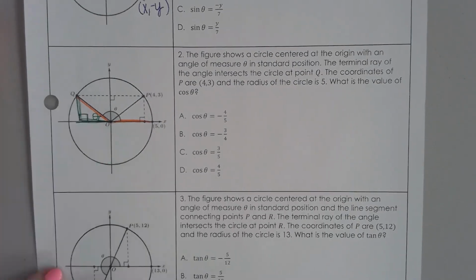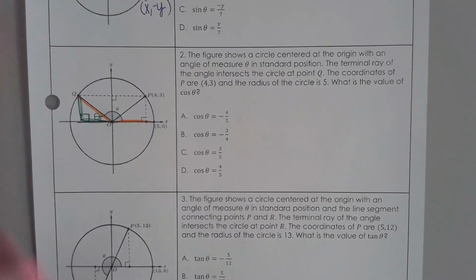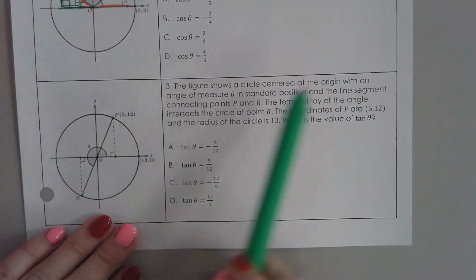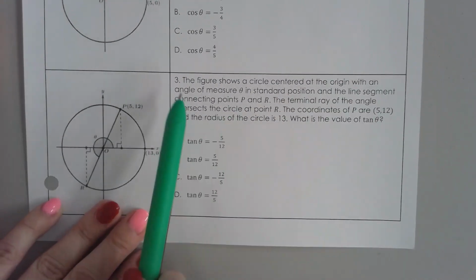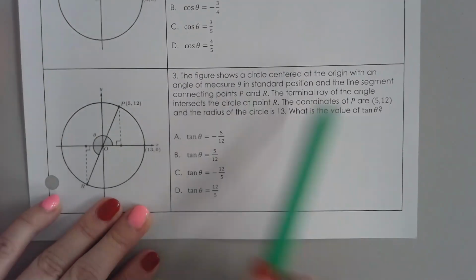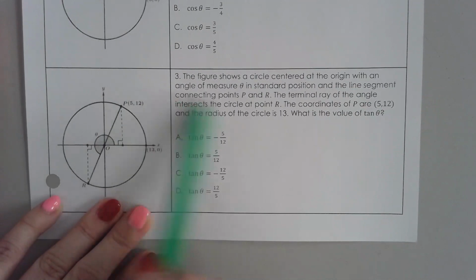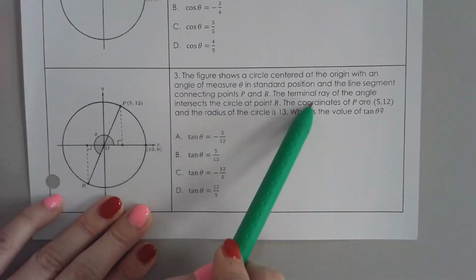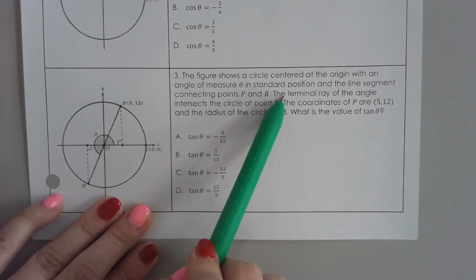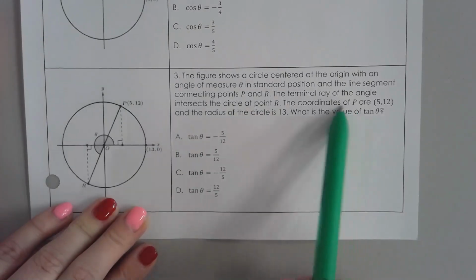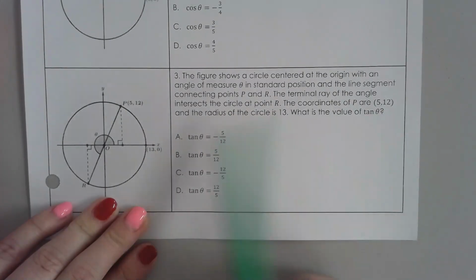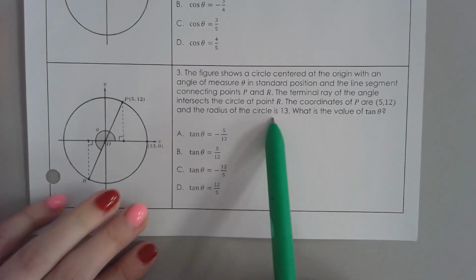You'll get the same answer if you make the triangle right there. And then, circle centered at the origin with an angle measure of theta in standard position and the line segment connecting the points P and R. The terminal ray of the angle intersects at point R. Okay. The coordinates of point P are 5, 12, and the radius is 13.